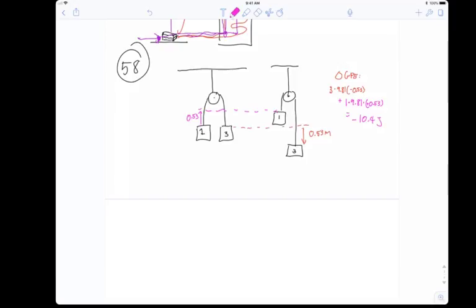Okay. So what formula is this? m1 g delta y1 plus m2 g delta y2. Does that make sense? Okay, so this is a closed system.